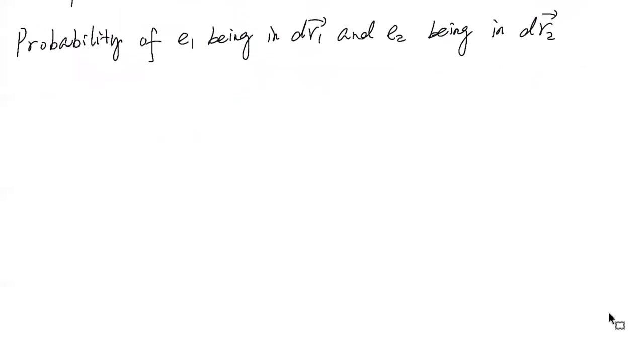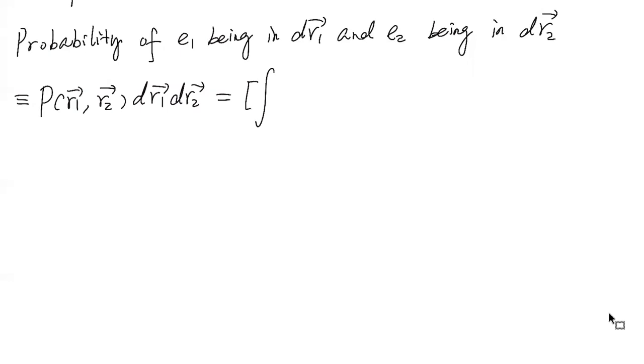So this is the probability in real space, right? This is a spatial probability distribution. The probability P(R1, R2) dR1 dR2 is, of course, the integral of phi squared ds1 ds2, dr1 dr2.